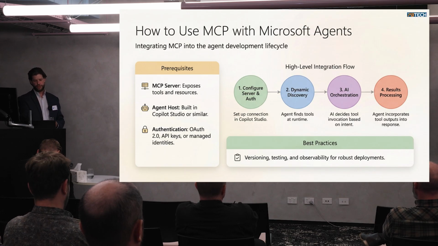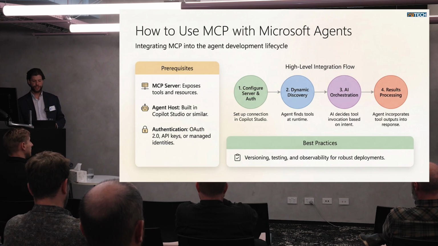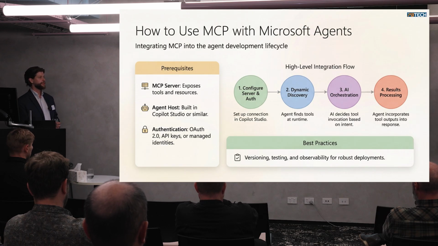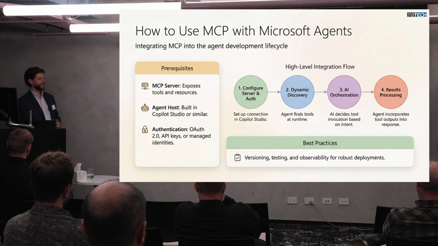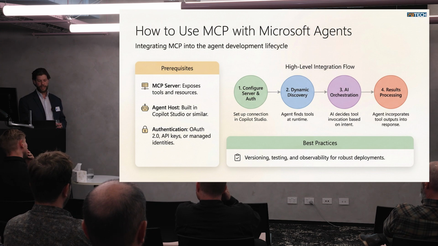Cool, so I'll just finish with this slide before we get into the nice practical demo. In the context of Copilot Studio agents, or just generally Microsoft agents, the typical development lifecycle when integrating MCP would be that you configure the server and authentication on your agent. Let's assume it's a Copilot Studio agent.